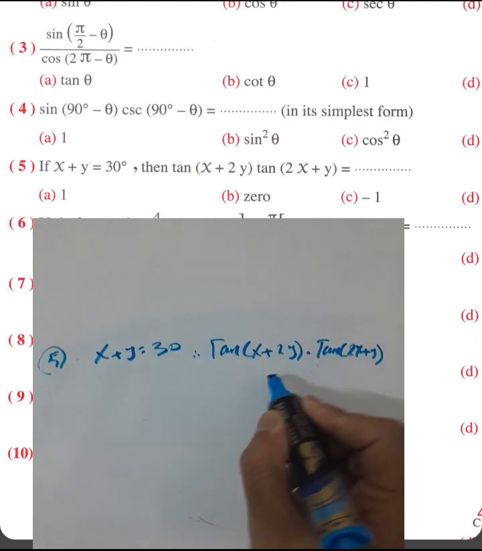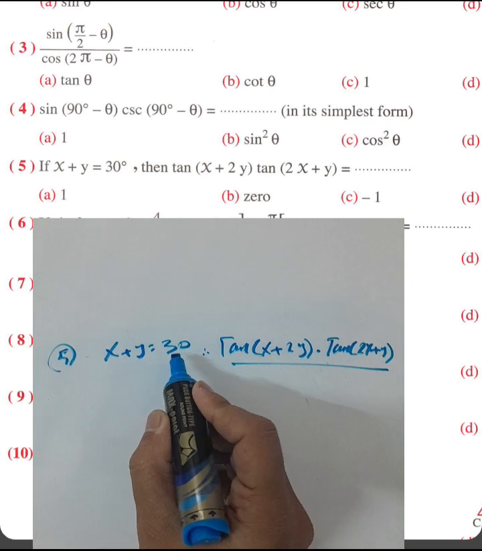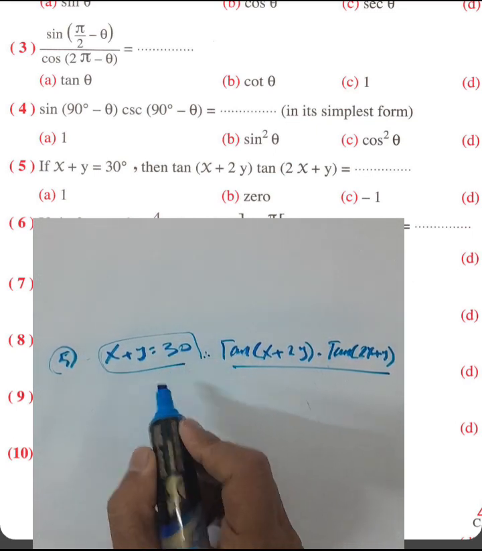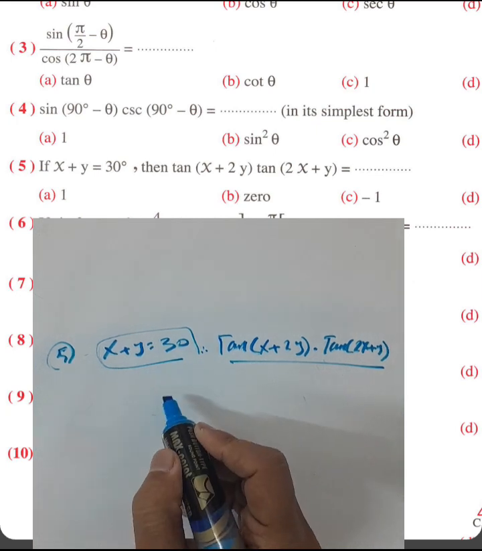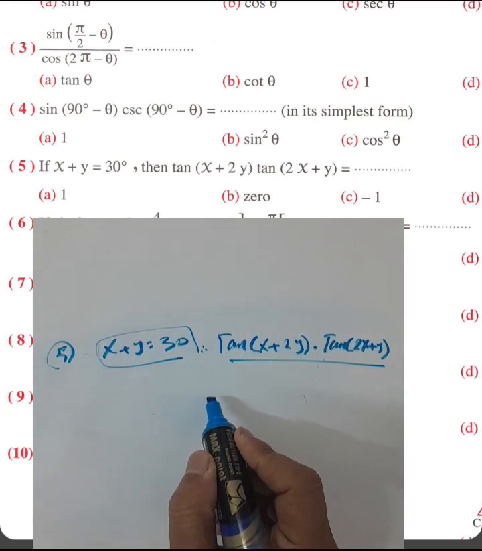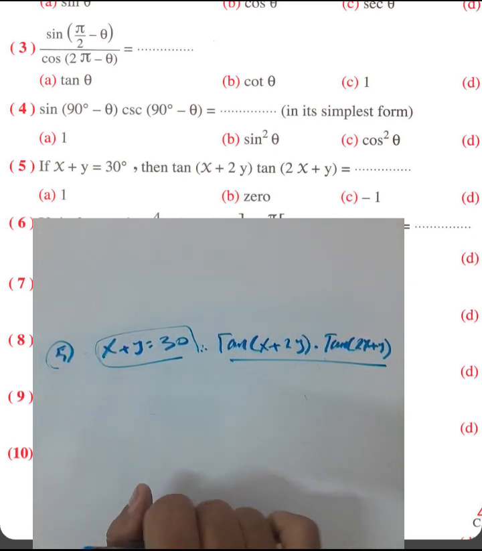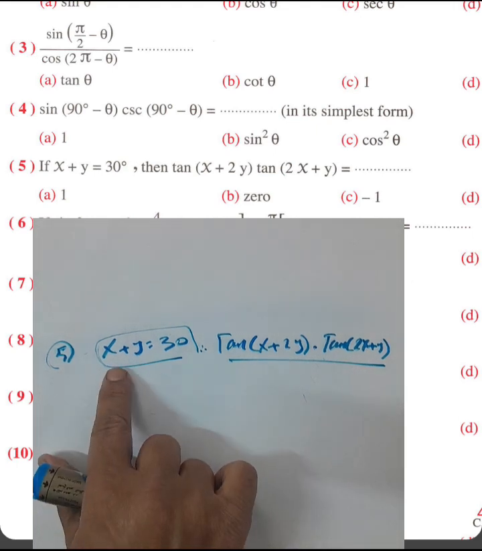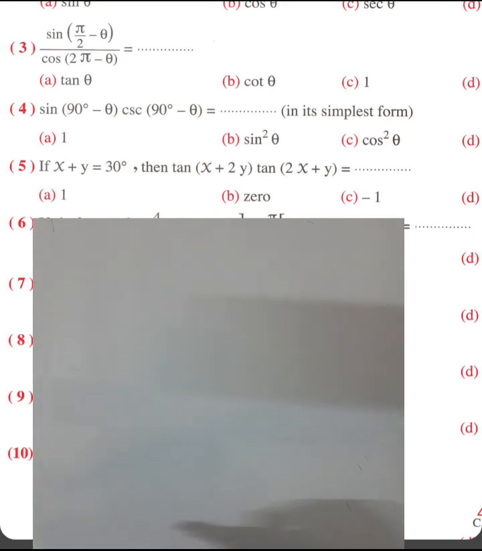How do we solve this expression? First, we know x plus y equals 30. We can product by 3: 3 times 30 will be 90. We want to find x plus 2y and 2x plus y and put them here. He gives us x plus y equals 30. Think with me how we solve this expression. Look with me at the steps. This example I will explain here.